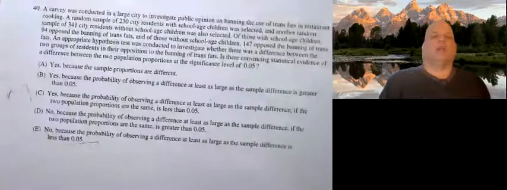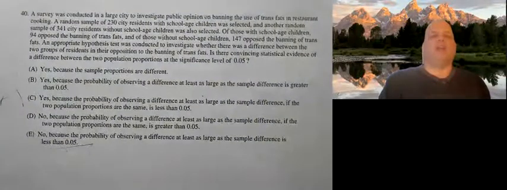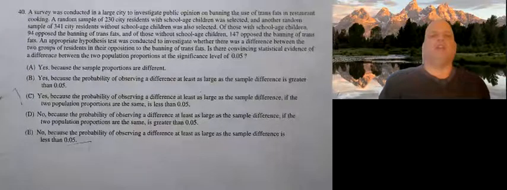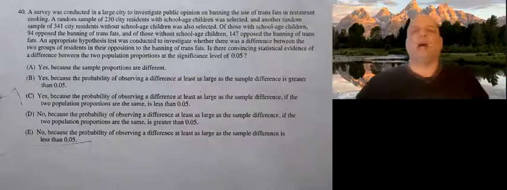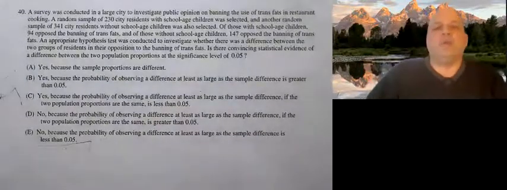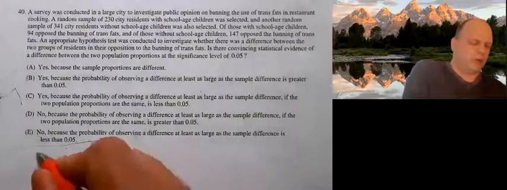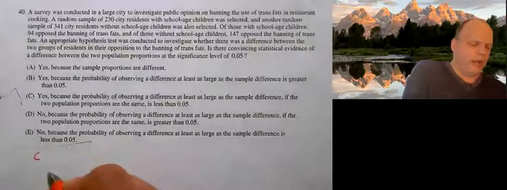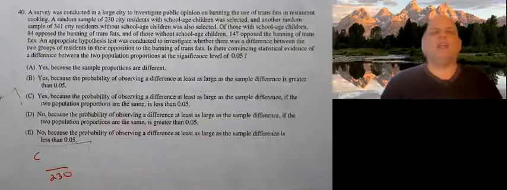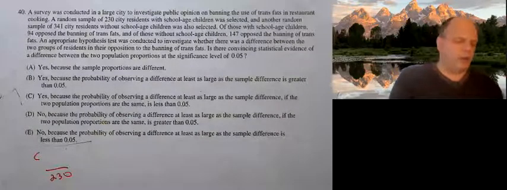All right, number 40. A survey was conducted in a large city to investigate public opinion on banning the use of trans fat in restaurant cooking. A random sample of 230 city residents with school-age children. So I'm going to write C for children. We have a sample of 230 was selected, and another random sample without children.